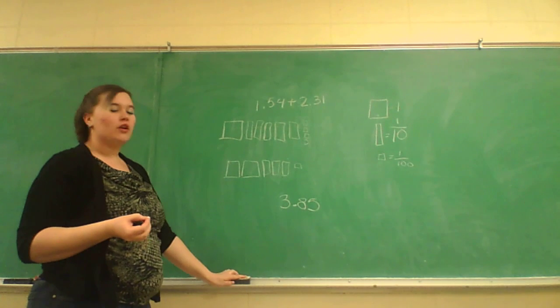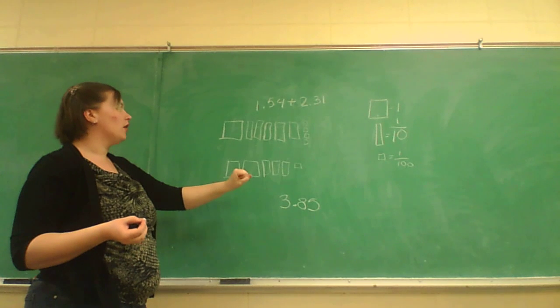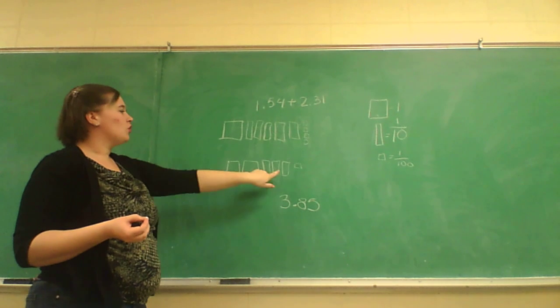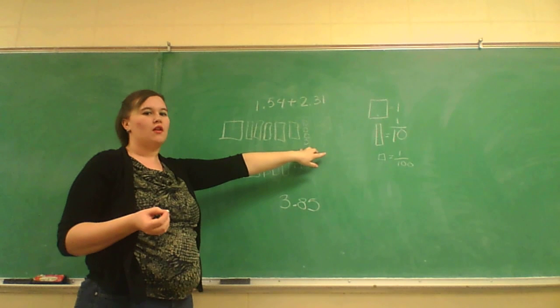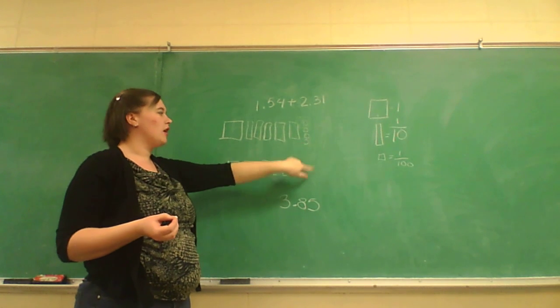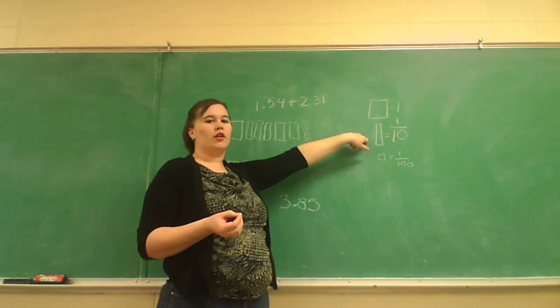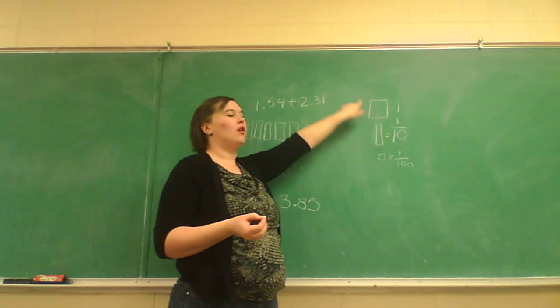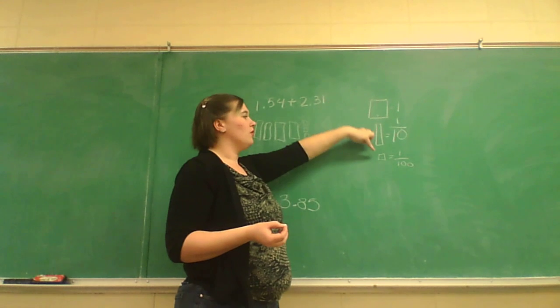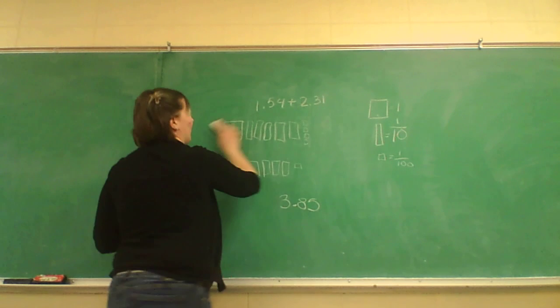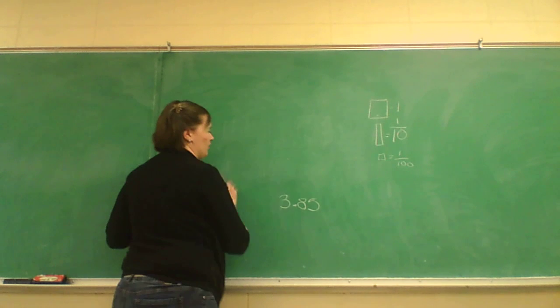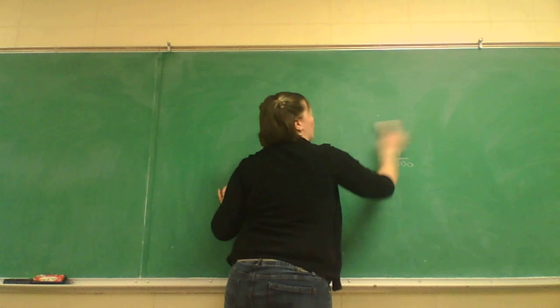If you do get to a point where you have 10 units, your 10 units are going to change into a rod, and 10 rods change into a flat. So it's just moving your place up.